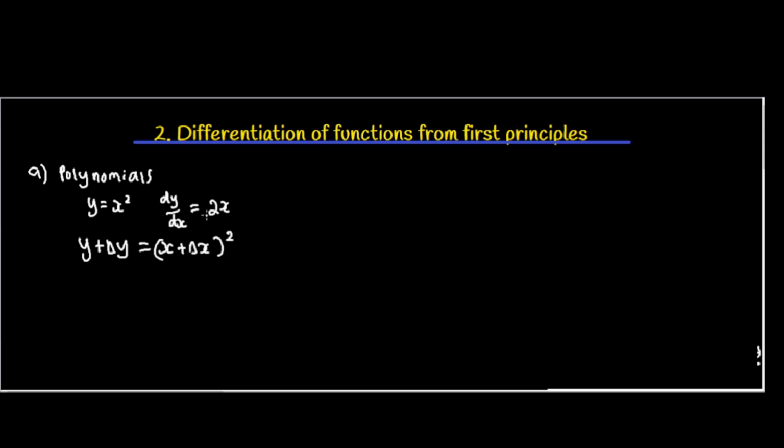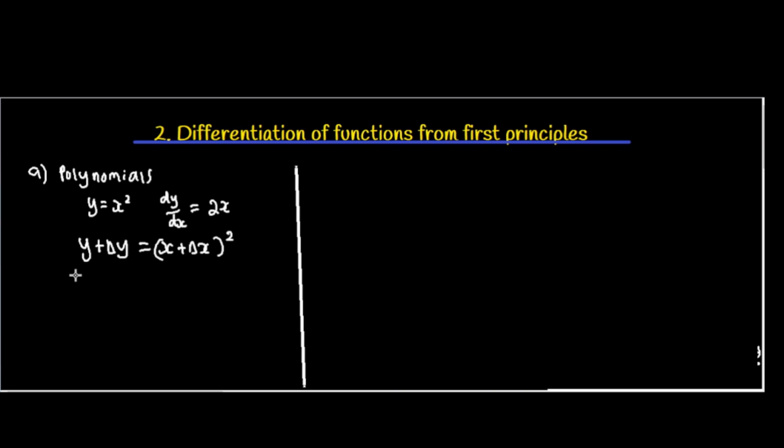So this was our first step, and after that we had step number 2, subtracting the two equations. We have our first equation, y equal to x squared, and then we also have y plus change in y equal to x plus change in x all squared. So let's subtract the two equations. We subtract y equal to x squared, which is in the form y equal to f(x), from this second established function.